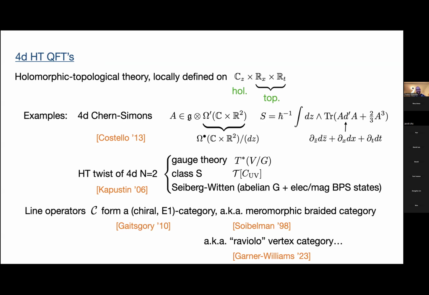It's something that Jan formalized decades ago. And I think you called it a meromorphic braided category, sort of generalizing meromorphic tensor categories that have an OPE but no braiding. So the meromorphic tensor case is just chiral, and meromorphic braiding is chiral E1.